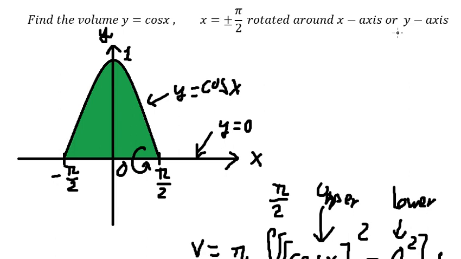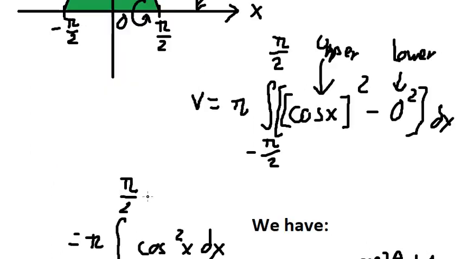Question number 2 is about the y-axis. For the y-axis, the region will go around like this one here. Because from 0 to negative π/2 and 0 to π/2 they overlap in this area, in this situation I will find the volume from 0 to π/2.